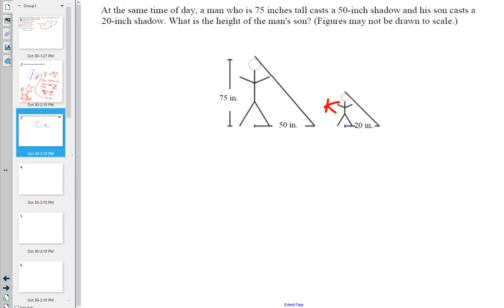What would be a good scale to use? Okay, I have to use 50 over 20 or 20 over 50. Let's just use 20 over 50. Either one is fine, but if I use 20 over 50, the K has to be on top because the K is part of the same triangle with the 20. If I want to use 50 over 20, I have to flip the other fraction.